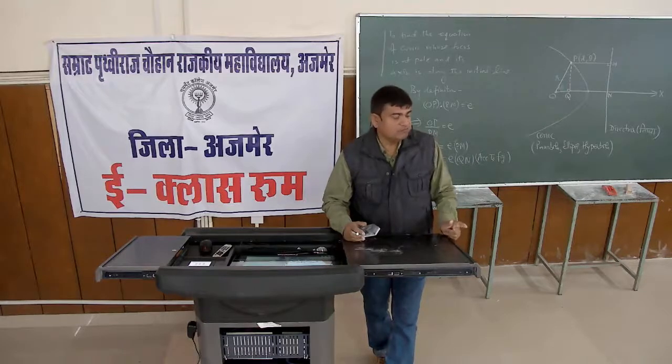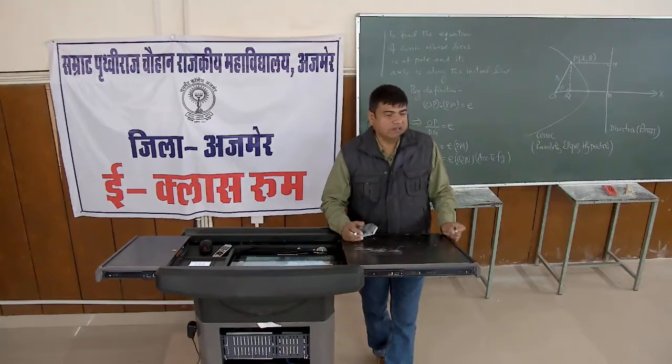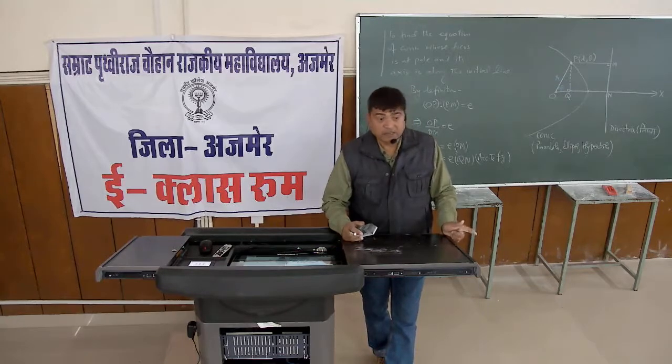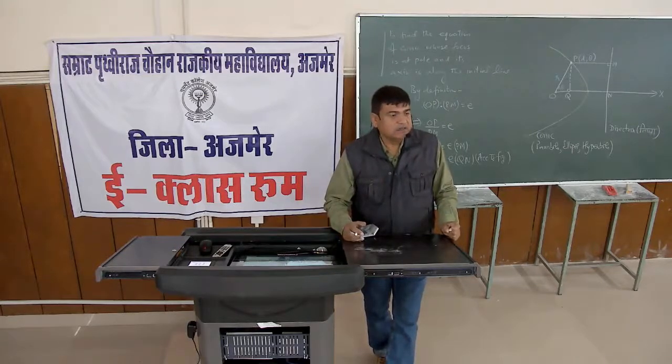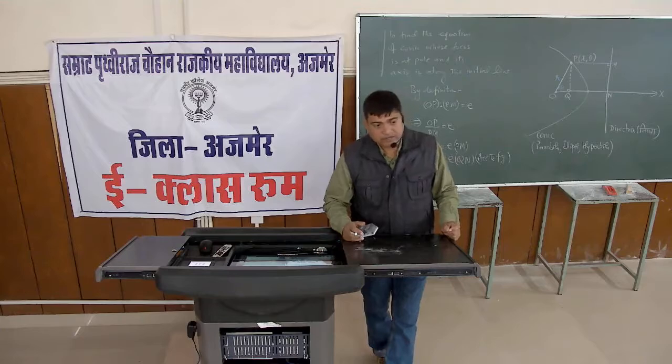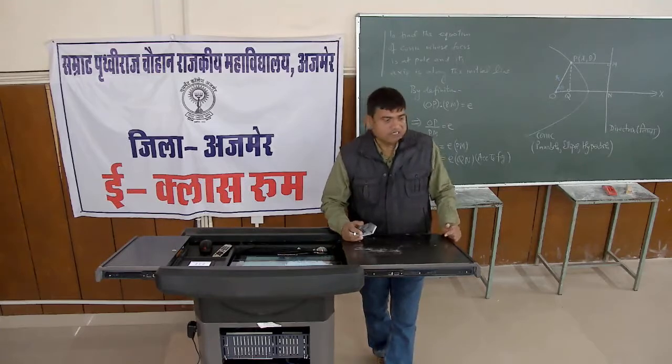If e equals 1, then it will be parabola, less than 1 then ellipse, and greater than 1 then hyperbola. We have done these conics in detail, but in Cartesian coordinate system. Now we are doing how to find the conic in terms of polar, that means in terms of r and theta.